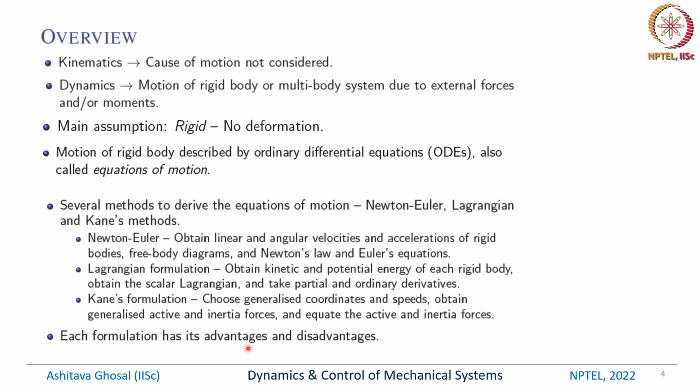Each formulation has its own advantages and disadvantages. So we will look at Newton-Euler and Lagrangian formulations, their advantages and disadvantages. But as I said, we will not study Kane's formulation in this course.